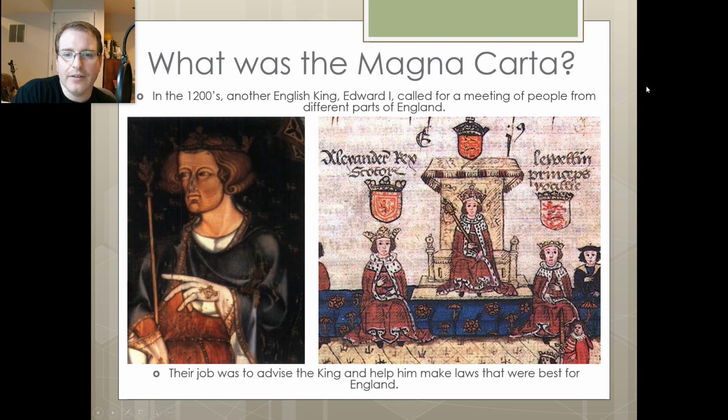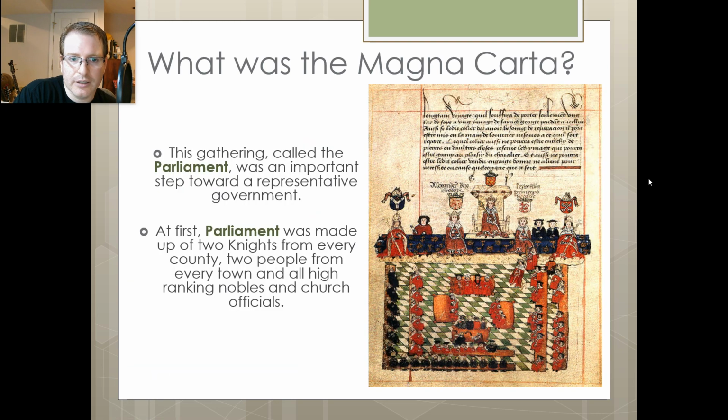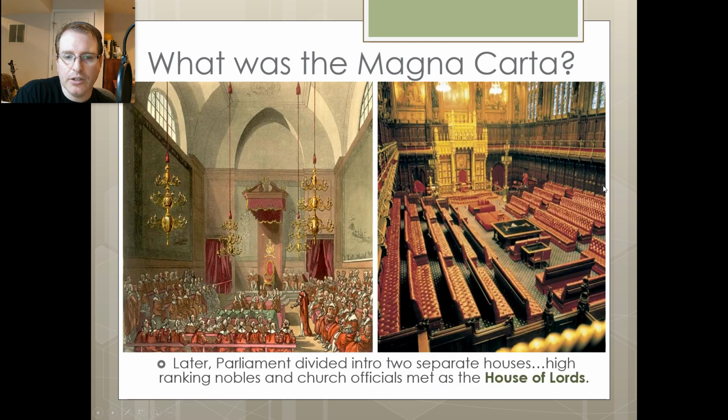So we have a king, Edward I, and he winds up going and creating Parliament. Parliament is this idea that there are representatives in the government to represent people. Now, we're not going to get into the details of how Parliament's set up, but we need to know the importance of having representatives, much like how we have representatives in our government today.